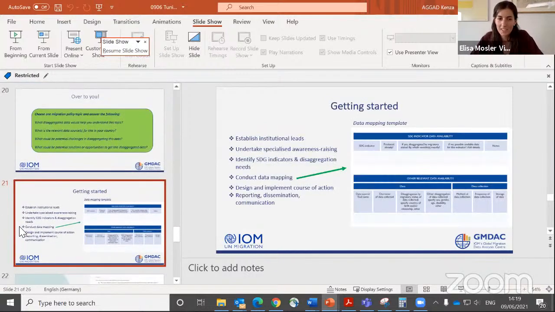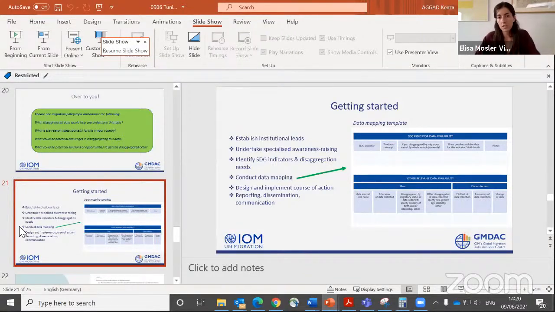Next slide, please. So for the next few final minutes, I'm going to walk you through a few more generic, even less technical steps about how to start a disaggregation exercise. Something that's key to keep in mind, that I'm sure many of you are aware of, is that disaggregation can often be an issue related to coordination or to political will.